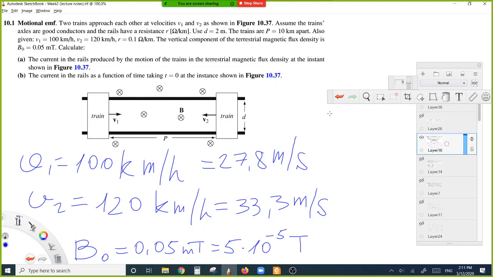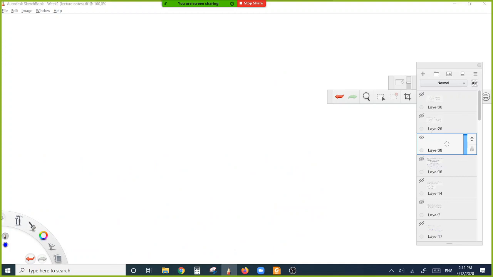Well, first of all, we need to compute the current in the rails as a function of time. Now, we need to compute current. Current is equal to electromotive force divided by the resistance.